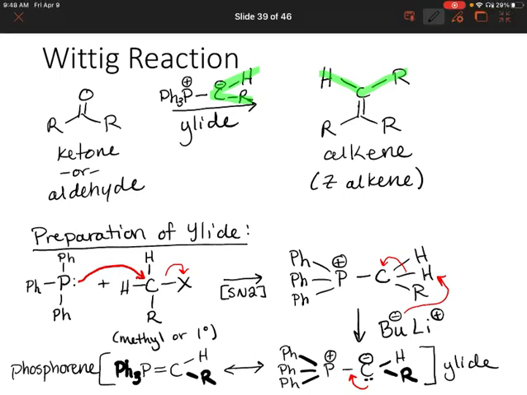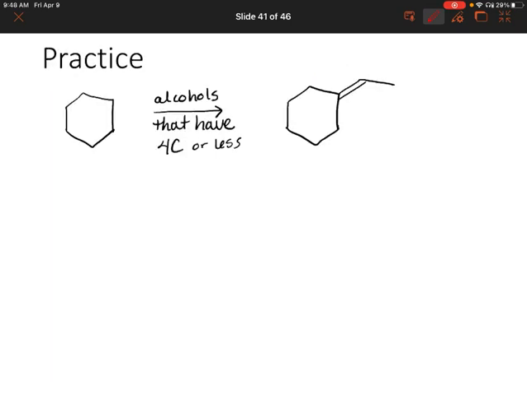So if you're working backwards, what you can do is just divide that double bond in your product and then try to figure out which side is the ylide and which side is the ketone or aldehyde. So looking at our challenge problem here, let's divide that double bond and try to figure out which side is which.